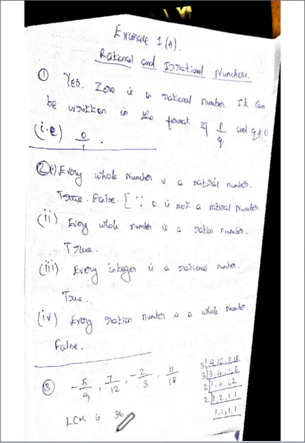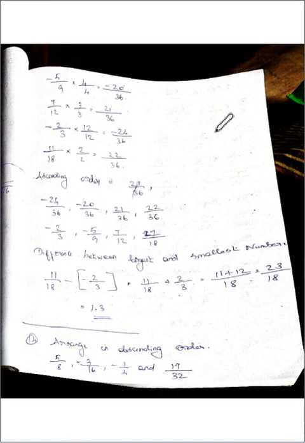Here, first we need to take the LCM, and based on that, we need to convert all the denominators to the LCM value, that is 36. For that, we do minus 5 by 9 into 4 by 4. I think you must know these steps.